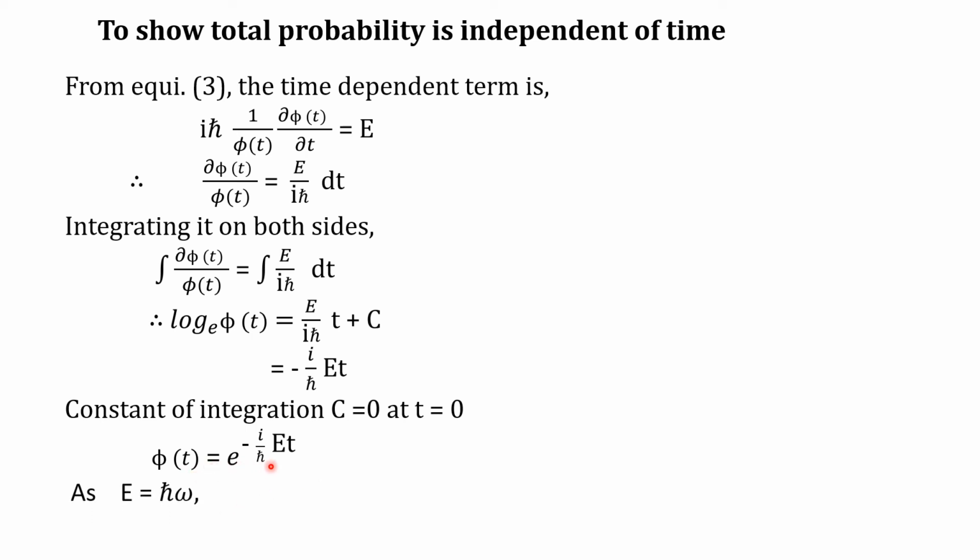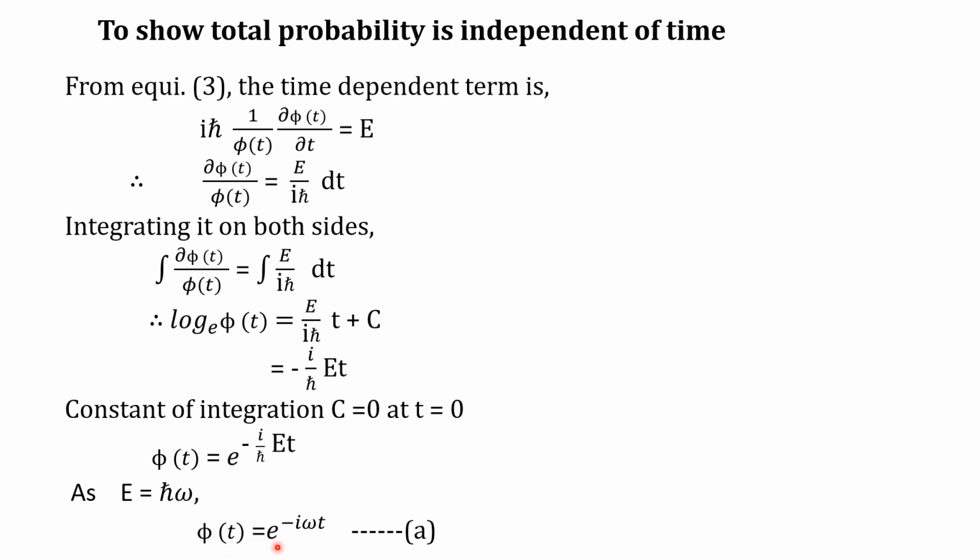Here, in terms of frequency, we write the exponential term. That exponential term becomes phi of t is equal to exponential minus i omega t. This is one of the equations we write. That equation represents the time dependent term, which varies harmonically with frequency omega.